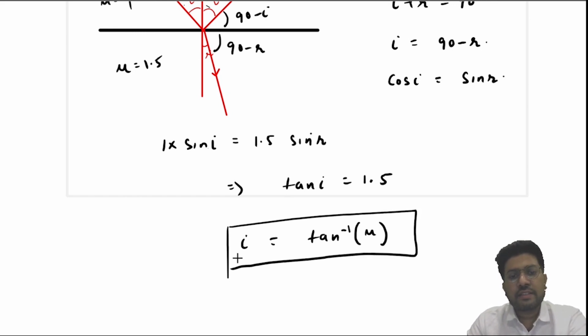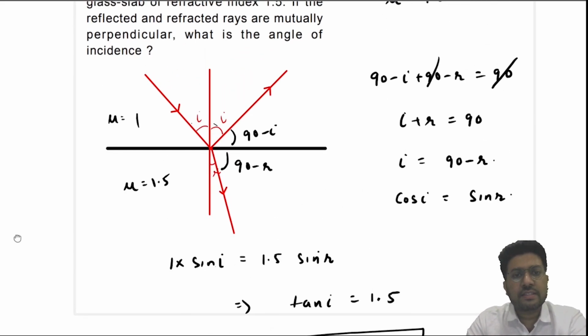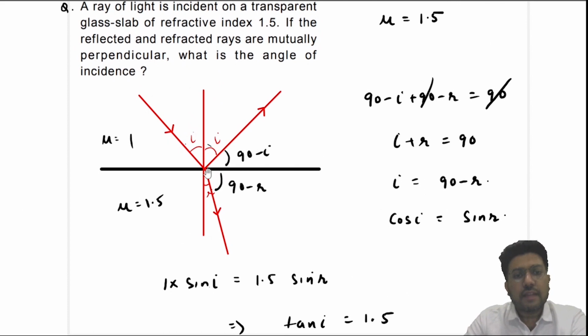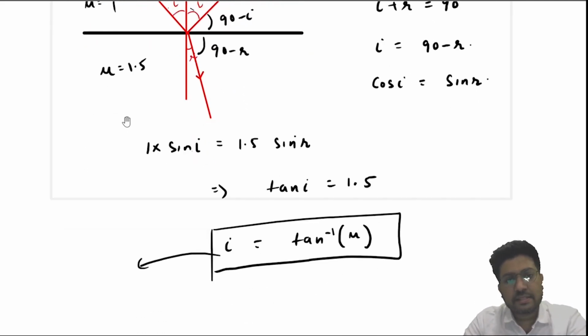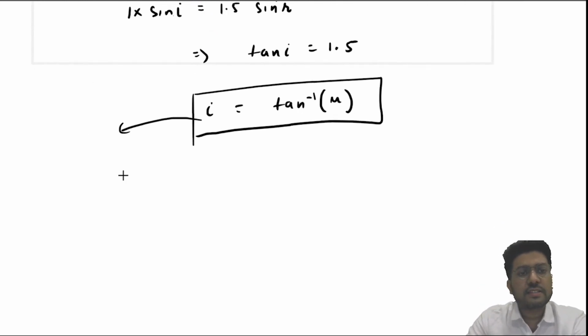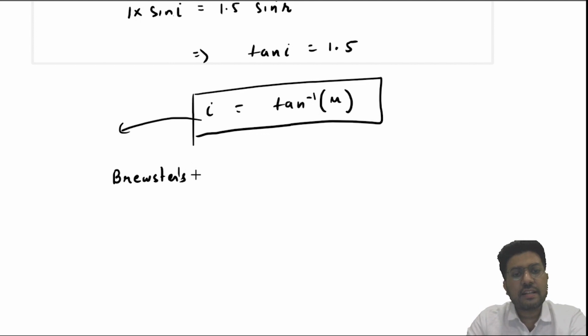This angle of incidence, when the refracted ray and the reflected ray make an angle of 90 degrees with each other, this particular angle of incidence at which that happens is called Brewster's angle. This is called Brewster's angle. This we will study in detail when we study wave optics.